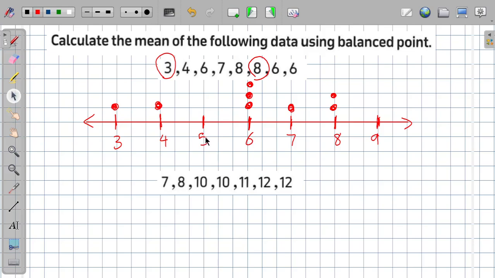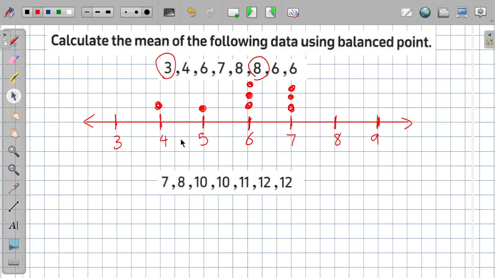First I will move this point right here and this point right here. Next I will move this point right here and this point right here.